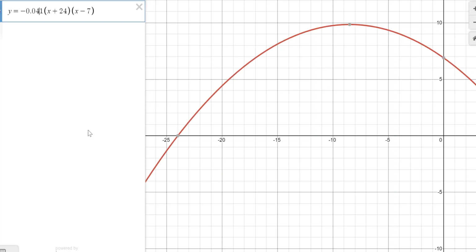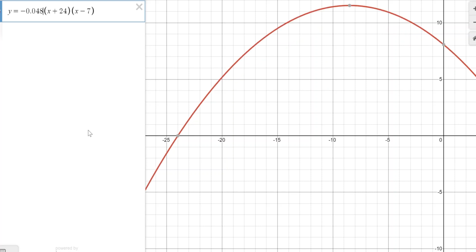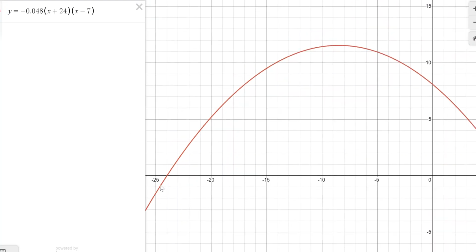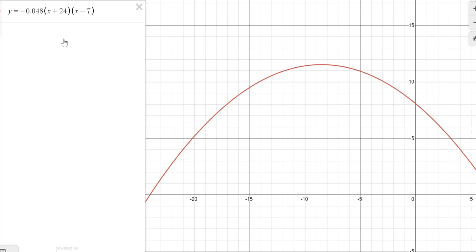Now what happens if we change this, let's say I put 48 instead. Now that's one, I've just changed that by 7 thousandths. All right, and look, it's different at the maximum height. So the accuracy there for that A value is actually quite important, right? And this is the thing.